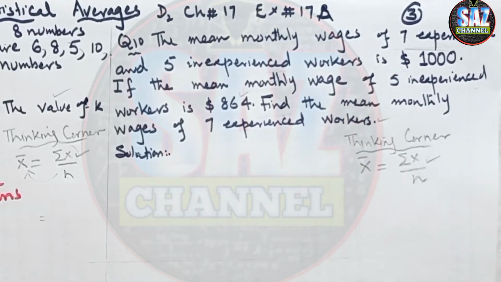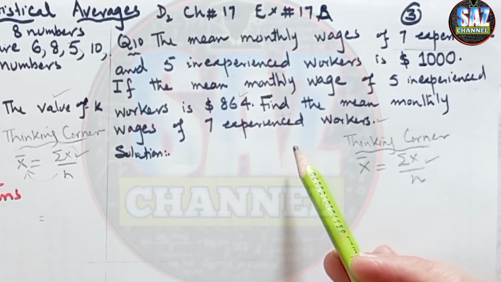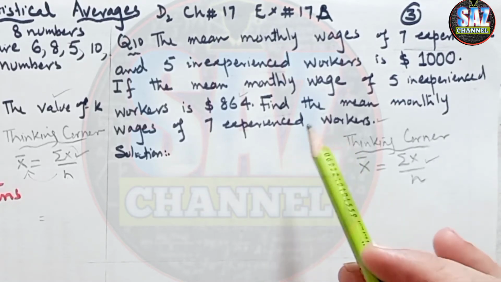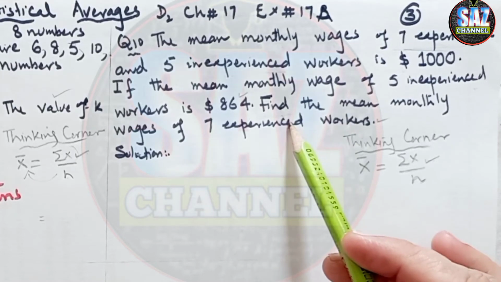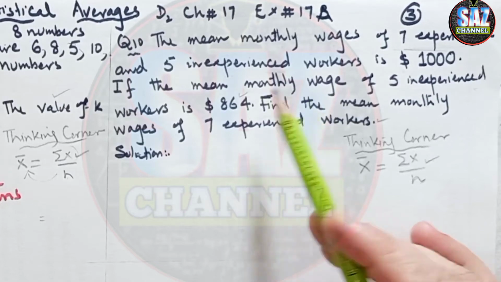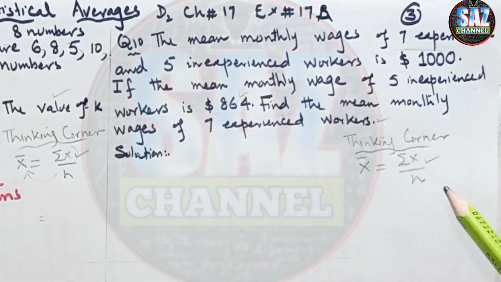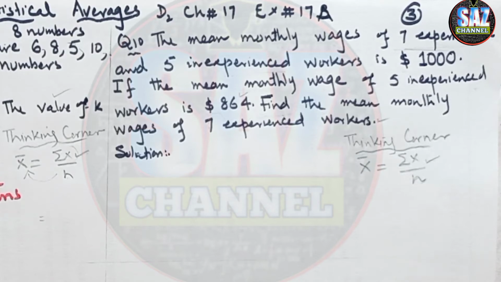In the previous questions we were just required to find the total wages, but in this question, after getting the total, we have to find the mean, so whatever total we get, we have to divide that by 7 in order to get the mean. I hope you are clear, and now we can solve this question easily.